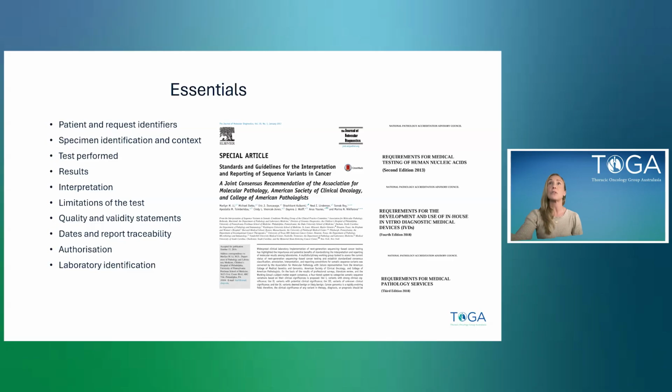It's important to know which one was performed, what the results are, what the interpretation is in an unambiguous way, what the limitations of the test are, which can be very important, especially if you're asking for something specific and it may be in smaller print towards the bottom of the report, and we'll go through that. Sending quality and validity statements, so anything that may have impacted the quality of the report, and of course date and report traceability, what lab put it out and who authorised the report.